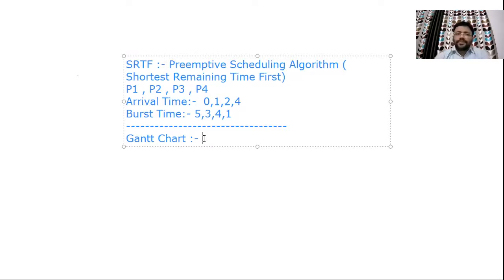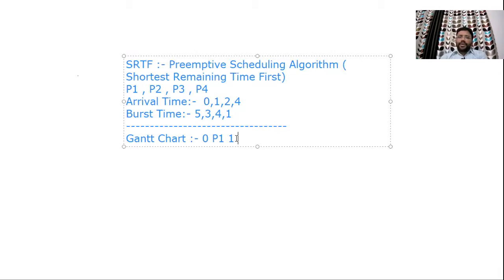So we start with P1, from 0 to 1. At 1, the burst time of P1 becomes 4 because one unit of execution is already complete.